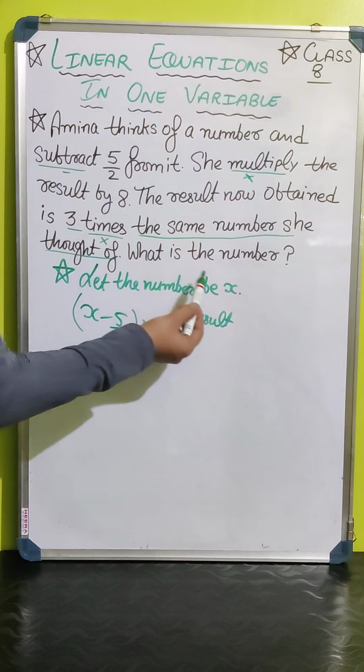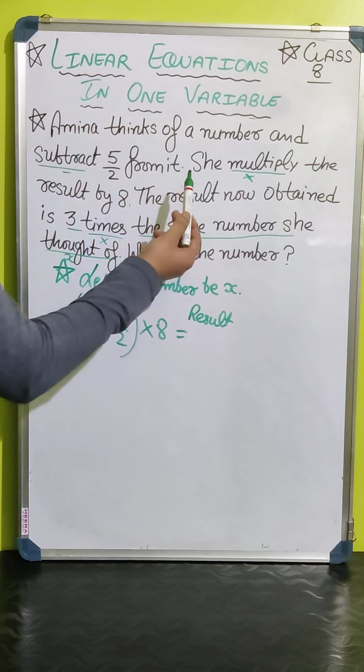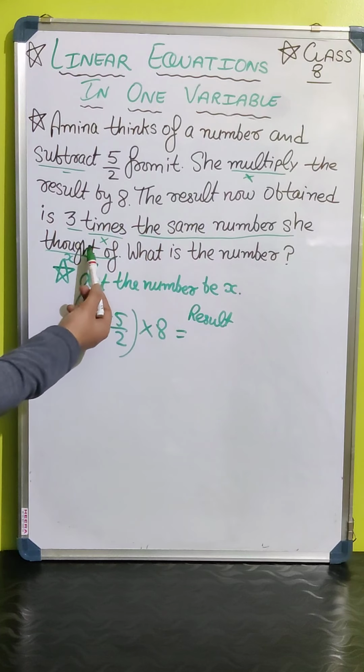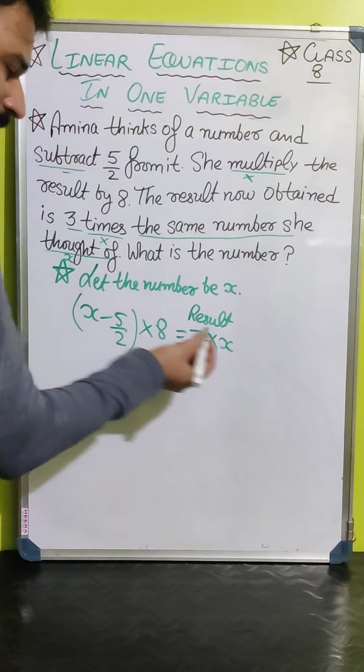What number did she think of? That is x. So the result is 3 times, that is multiplied by the same number she thought of. That means 3 into x, the same number.